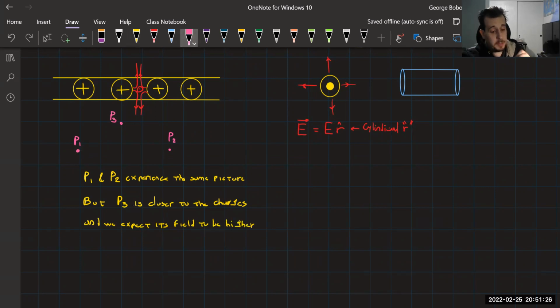So what's the variable that matters? It's this guy. It's the distance from your wire. And you know what that is called? That is your cylindrical R.